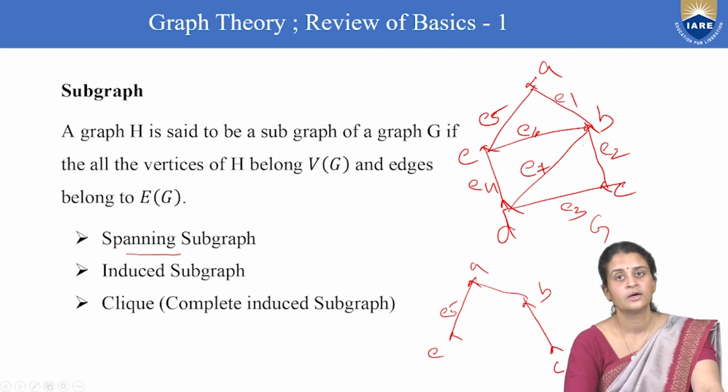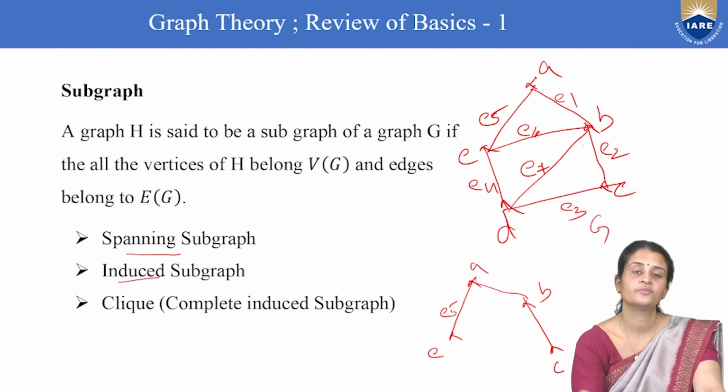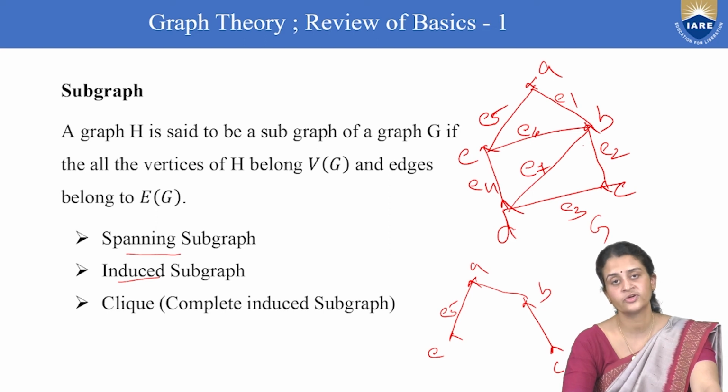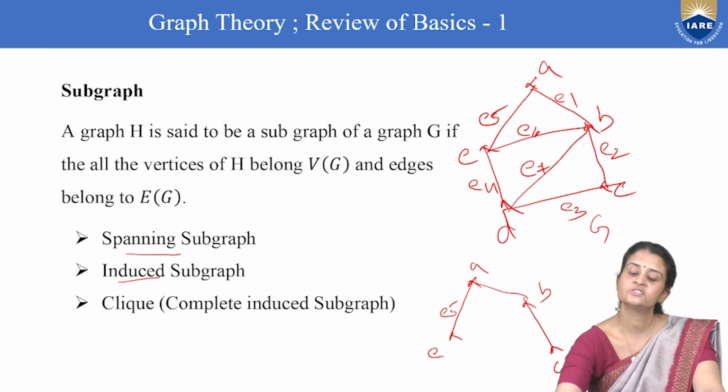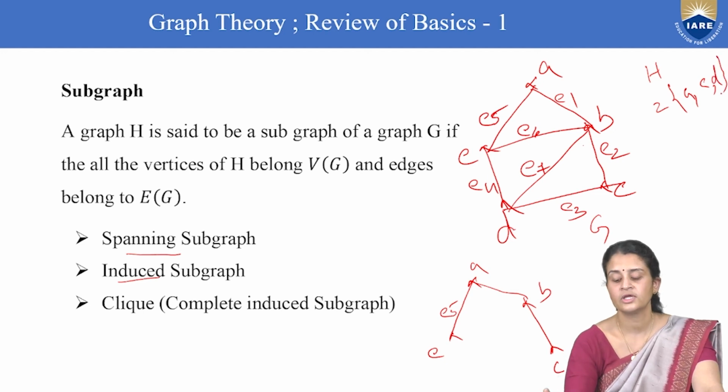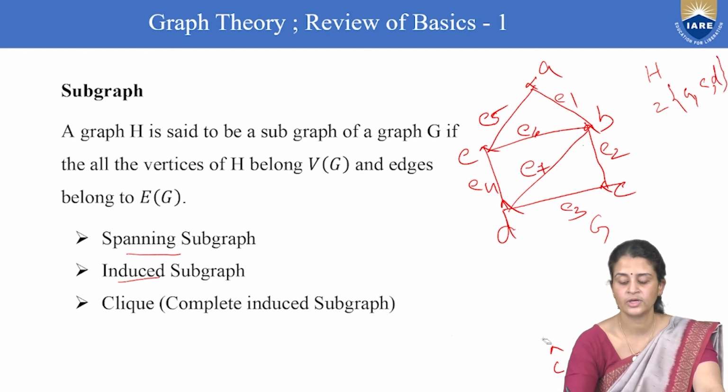Okay? Then what is an induced subgraph? There are two types of induced subgraph: vertex induced subgraph and edge induced subgraph. Okay, vertex induced subgraph you will see first. Suppose that H has the vertex set A, C, D. Okay, then we have to put it like that. How do we put it?